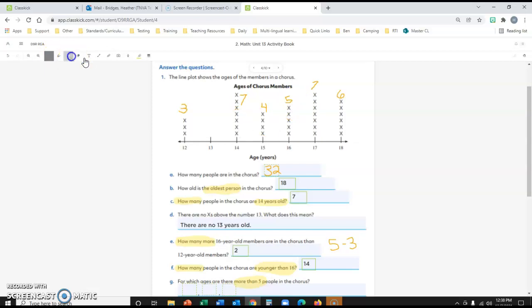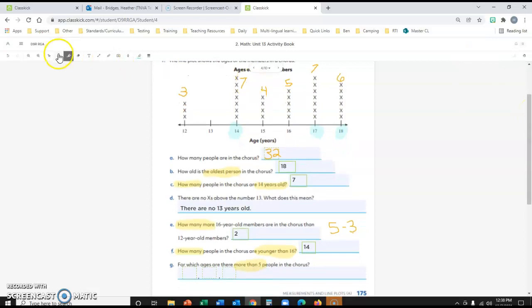Okay? So, I can see that age 14 has 7. The 17-year-olds have 7 members, and the 18-year-olds have 6 members. They're all more than 5. So for which ages? The 14, 17, and 18.